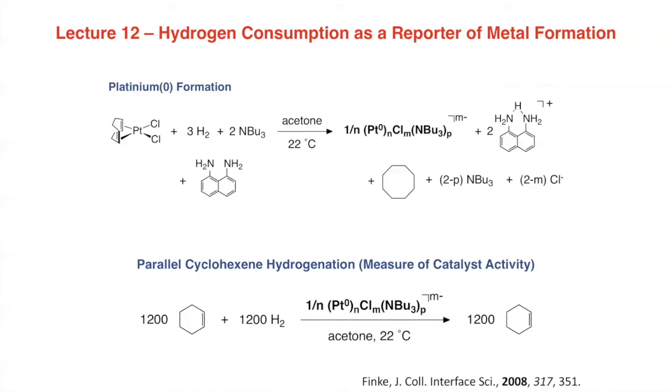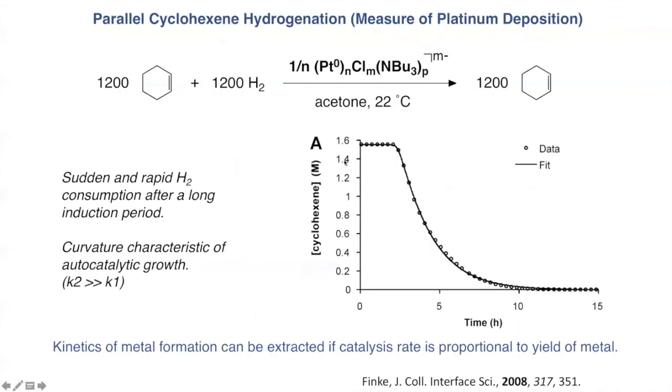As I produce more catalyst, my system becomes more active and I consume more hydrogen. So I can use the hydrogen consumption kinetics and the cyclohexene to cyclohexane hydrogenation process to extract the formation of metal. Now, here's an example of what one of those data sets looks like, where you've got cyclohexene at some 1.5 molar concentration at time zero.